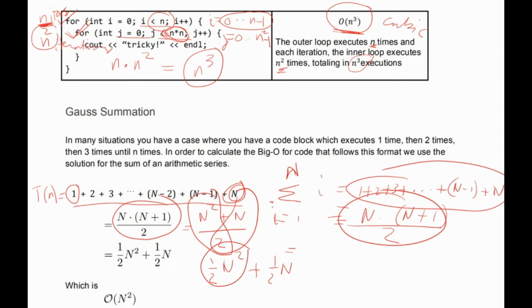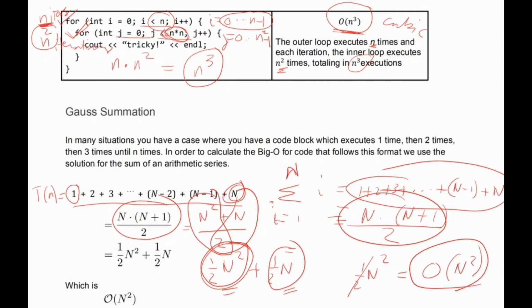So this is our first term and the second term. And which of these two terms would grow the fastest when n grows? It would of course be this one, 1/2 n squared. We can eliminate the coefficient, so that would simply be O of n squared, quadratic complexity.